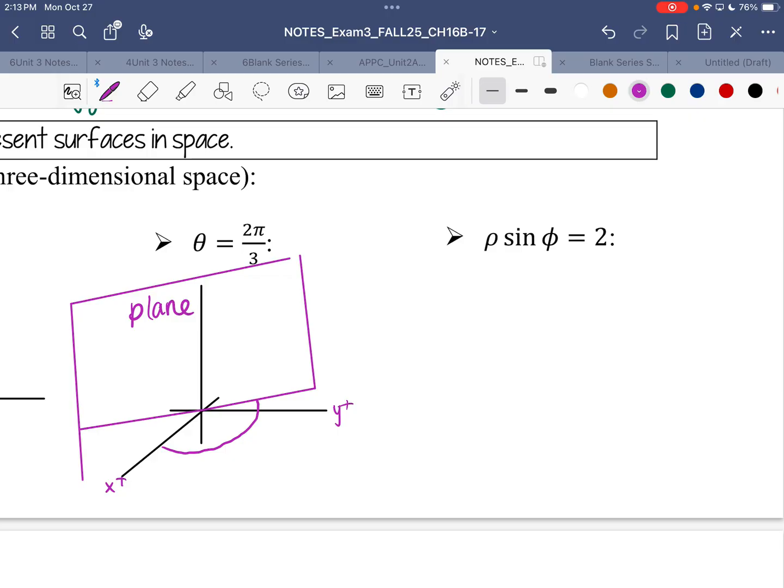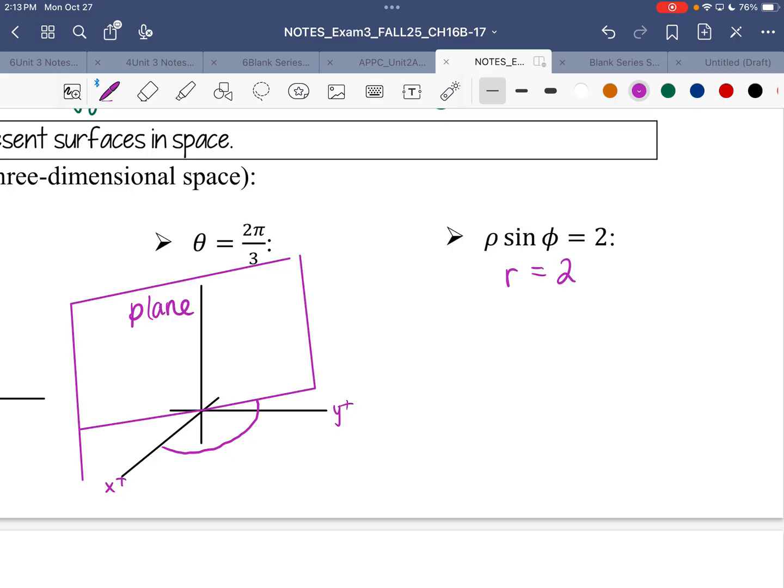And rho sine phi, you might need to flip back in your notes to see what rho sine phi is equal to. What is rho sine phi? The same as r. So this is at r equals 2.